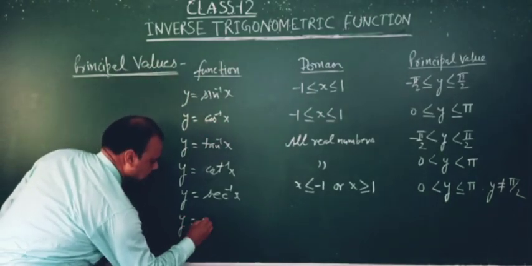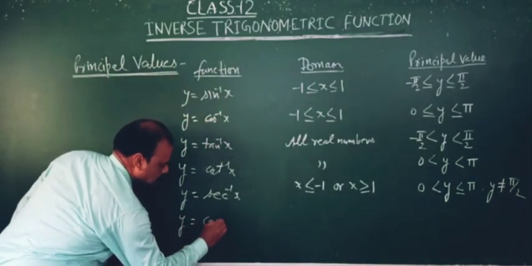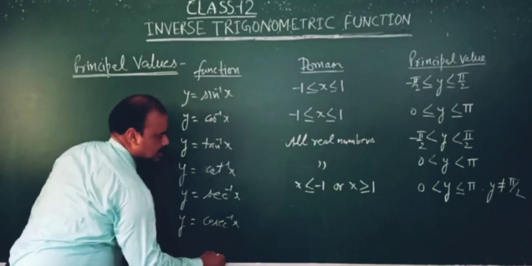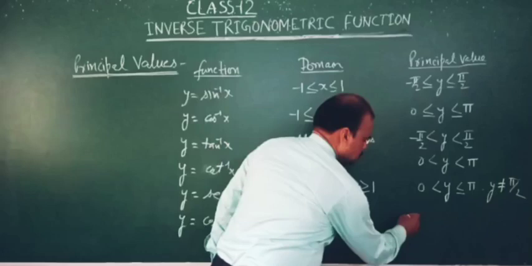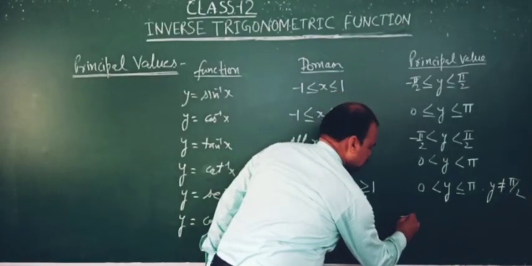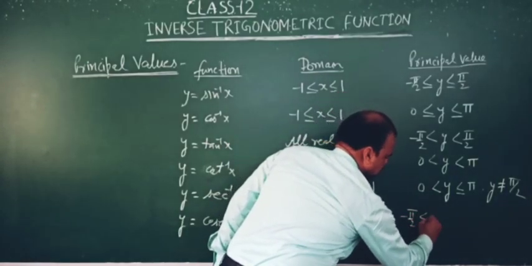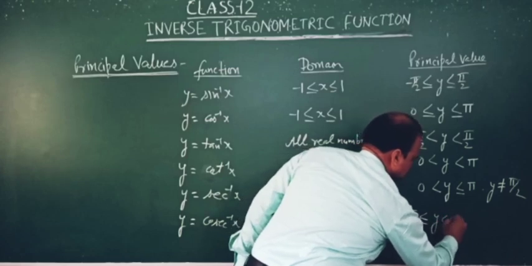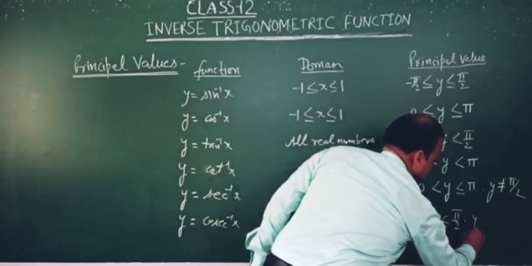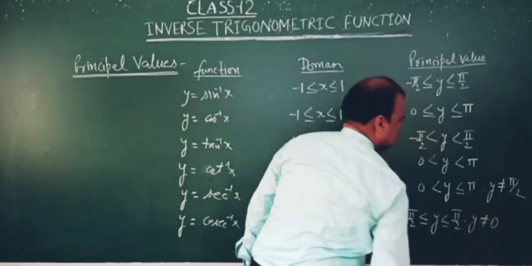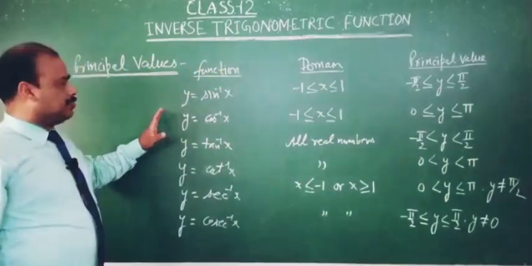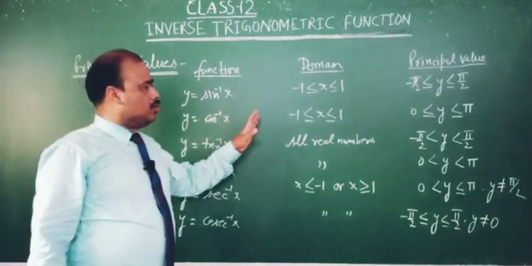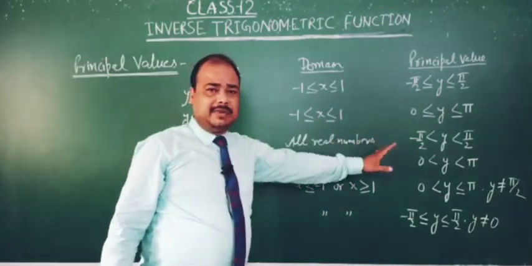And the last function y equal to cosec inverse x. Domain will be the same and principal value is -π/2 to +π/2, but y is not equal to 0. These are the 6 trigonometric functions and their domain and principal value.